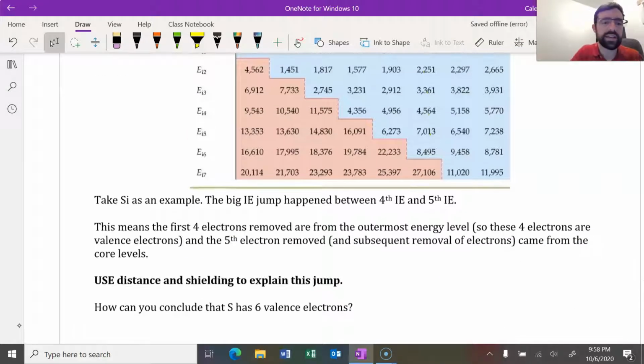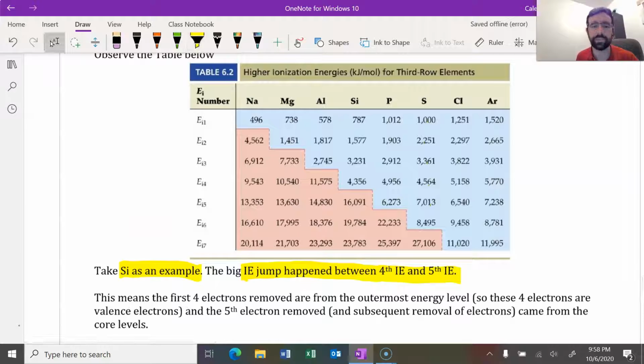We're going to take Si as an example and look at it. The big IE jump happened between the fourth and the fifth ionization energy. If we look at Si, right here we have 700 going up to 1500. That's a jump of somewhere around 700, 800. Then it jumps up again, this time about 1500.